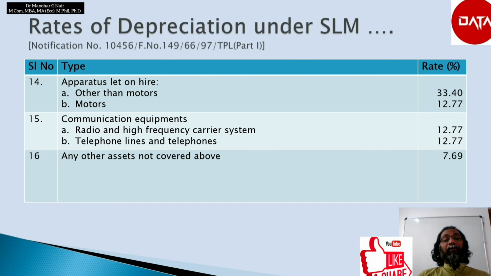Apparatus other than motors, it is 33.40, and for motors it is 12.77. Communication equipments, radio and high frequency carrier system 12.77, and telephone lines and telephones also the same rate. Any other assets not covered in the above categories, it is 7.69 percent.